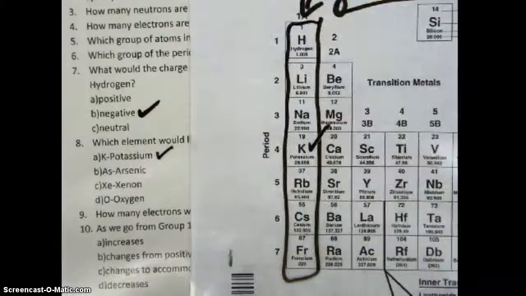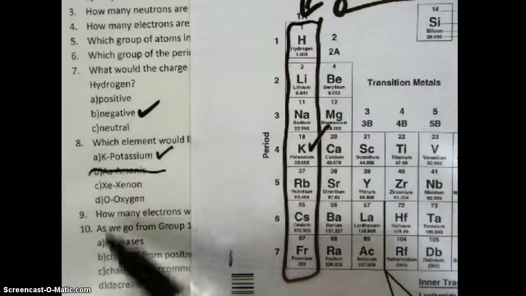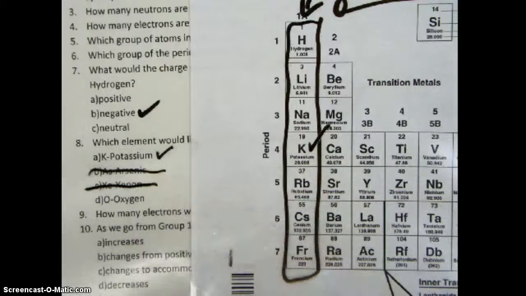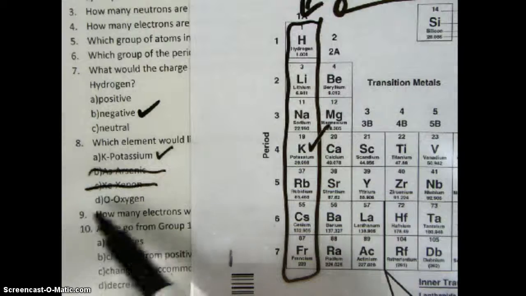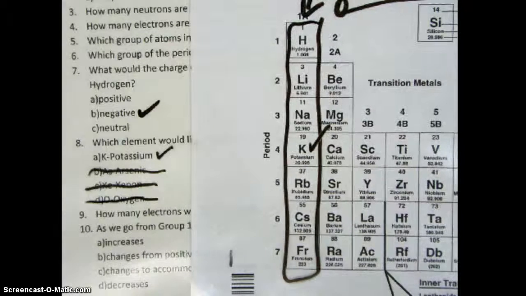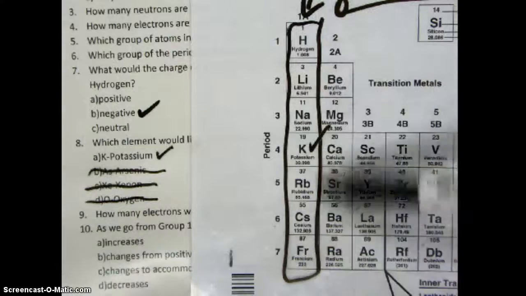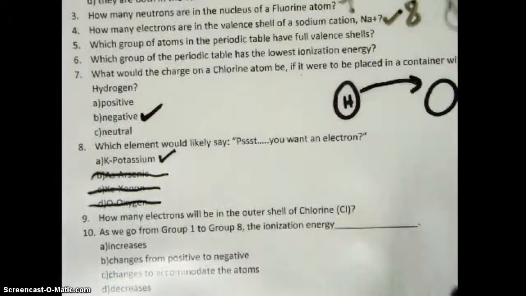So potassium, yes. Arsenic is way over on the other side, so they wouldn't want to give away an electron. Xenon is a noble gas, so he wouldn't want one. And oxygen is more of an electron acceptor than an electron donor. So anybody on this left-hand side, and there we are with potassium. Potassium will want to give away an electron.